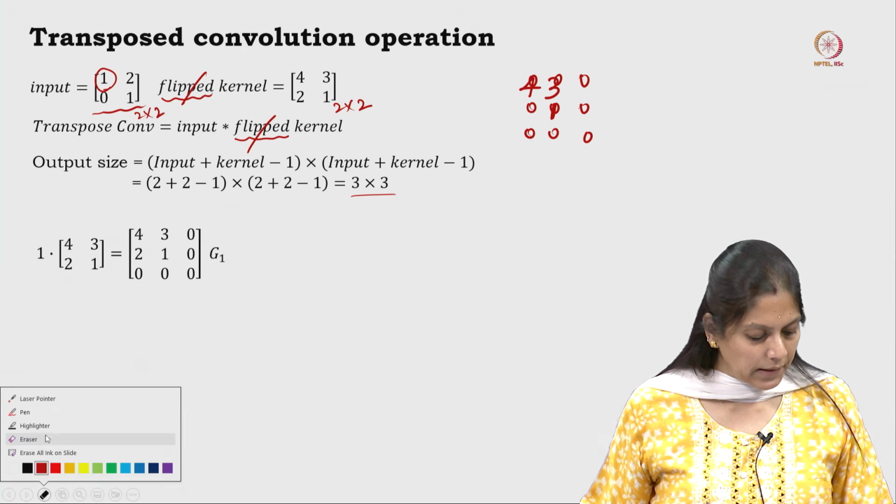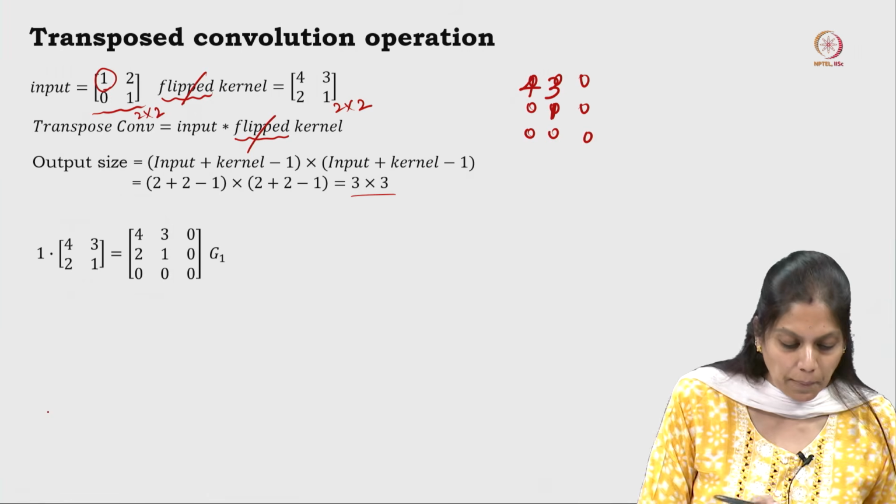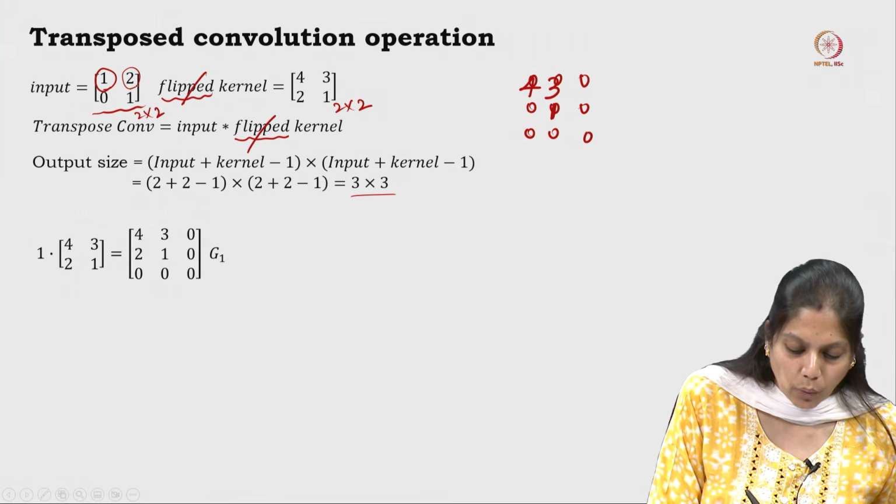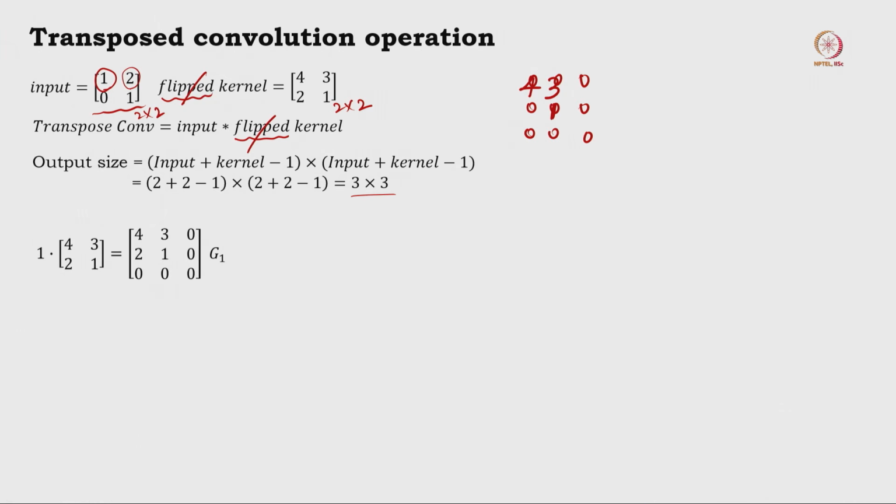Then next, you will take the next input. What is the next input? It is 2. 2 gets multiplied with each of these elements. So, when 2 gets multiplied, 4 2s are 8. Already you have 4, 3, 0, 0, 1, 0, 0, 0, 0.